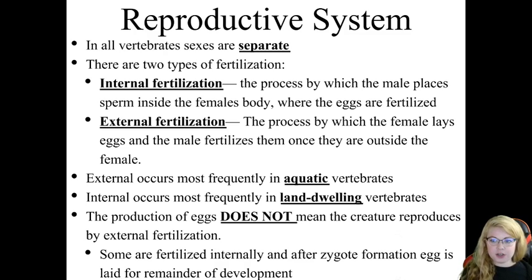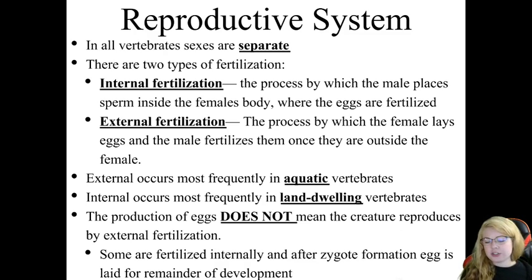Of course, you guys know that as humans, we are examples of internal fertilization, but there are other creatures that utilize external fertilization. Mostly aquatic vertebrates utilize external, and mostly land-dwelling, like ourselves, utilize internal fertilization.